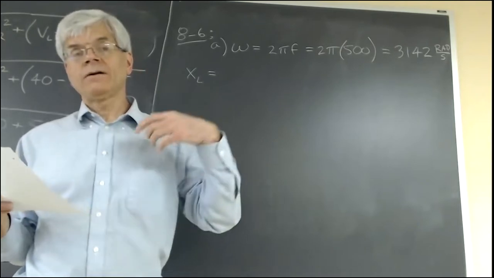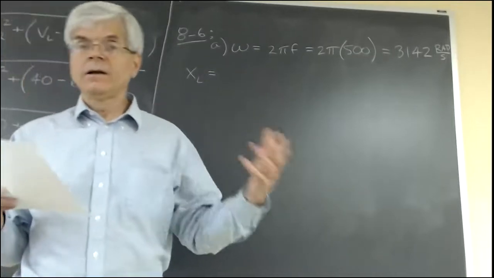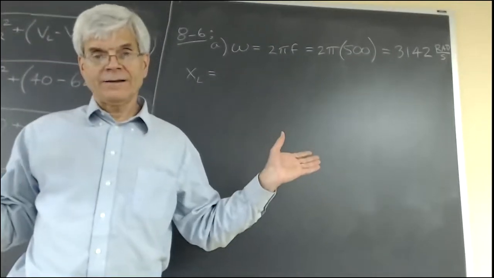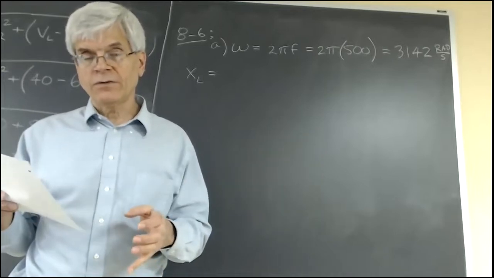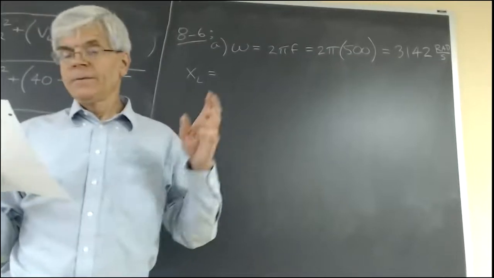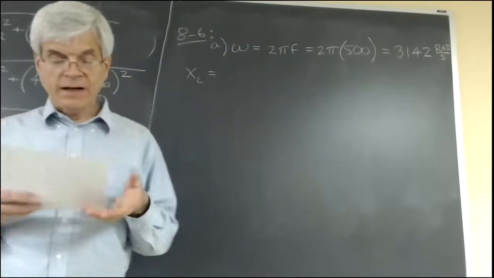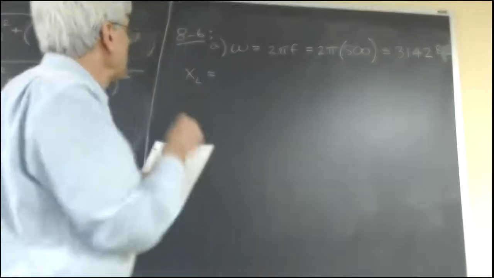So I have to figure out how many ohms for the capacitor, how many ohms for the inductor, and then stick all that together to find the impedance, which is the total number of ohms for the entire group. Finally, amps equals volts divided by that many ohms. Okay, so that's the plan of attack here.